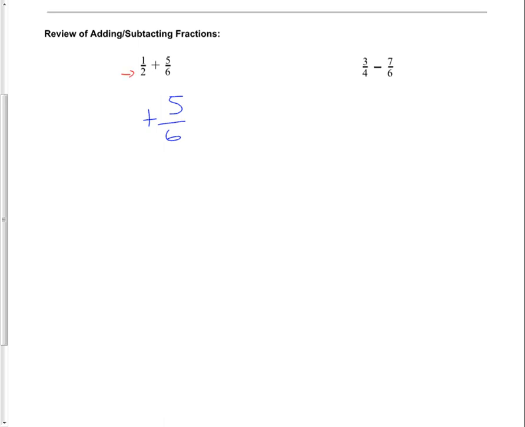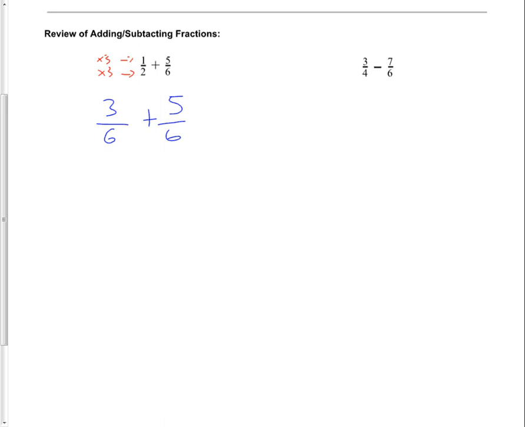The only way I can get 2 to be 6 is to multiply it by 3. So 3 times 2 equals 6. But if I do something to the bottom number, I also need to do it to the top number. So if I multiplied the bottom number by 3, I also have to multiply the top number by 3. So 3 times 1 is 3.